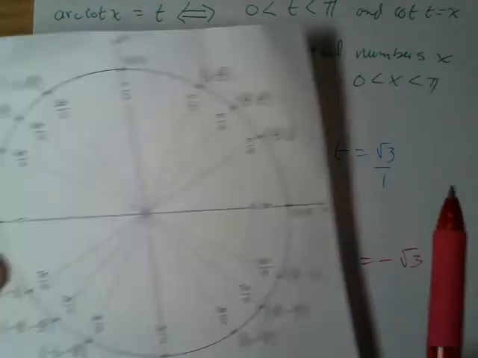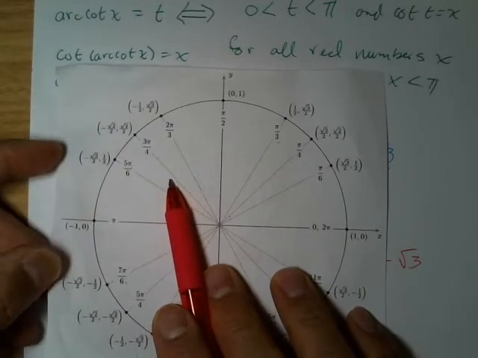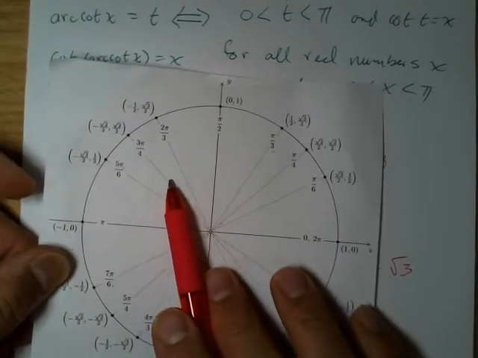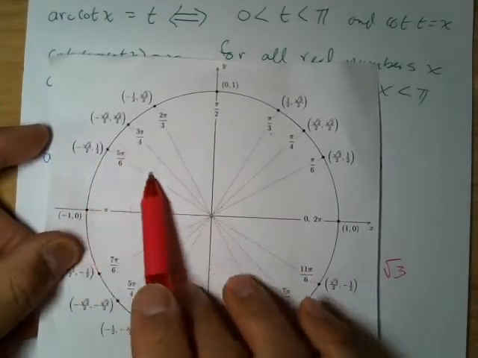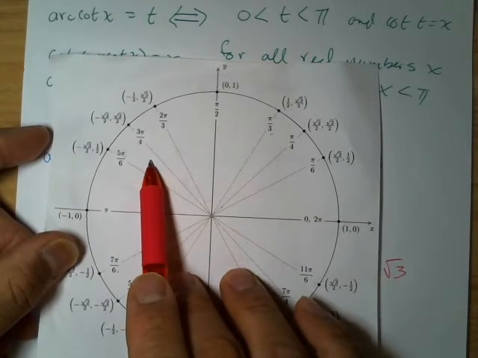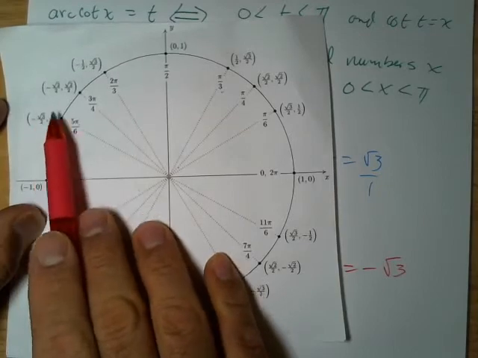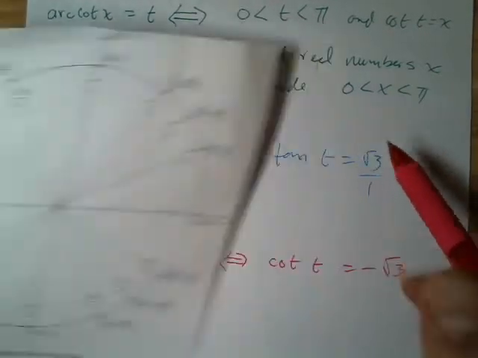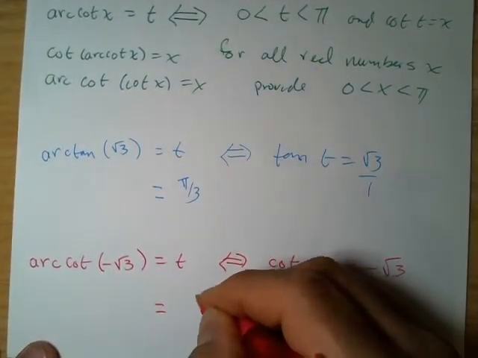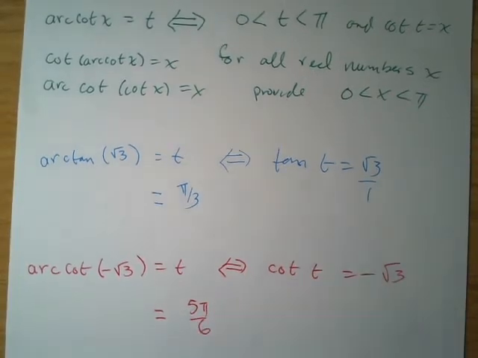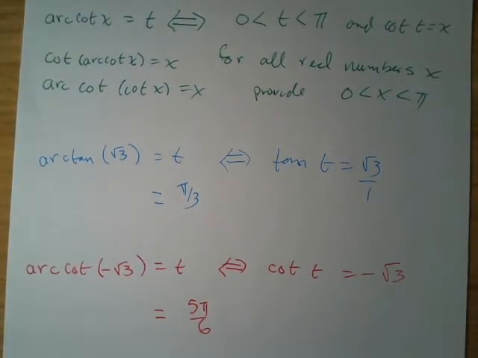The restriction is between 0 and pi, and cotangent is cosine over sine. So it would be in the second quadrant since it's negative, and we're looking at negative root 3 over 1. In this case, this is 5 pi over 6.